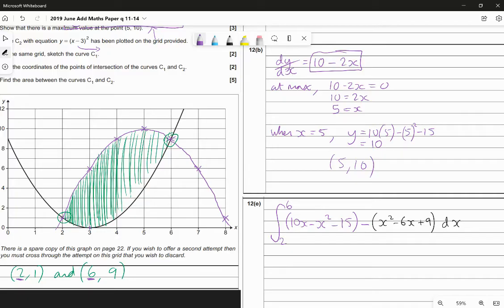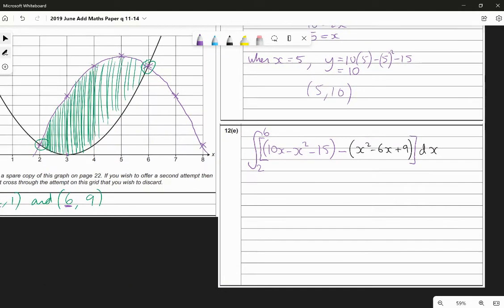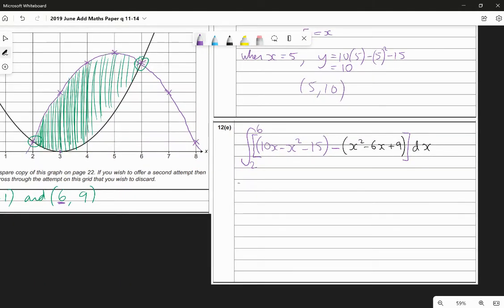Before I do my integration, I'm going to subtract and make it a little bit simpler for myself. So what's that equal to? That's equal to 10x minus x squared minus 15, take away x squared minus 6x plus 9. I'm going to write it in order of the quadratic part, so the x squared part, then the linear part, the x part, and then the constant.